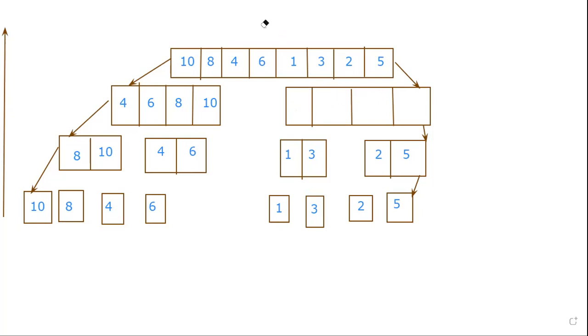So the values here are 1, 2, 3, and 5. Now see here, these two arrays have elements in sorted order only.